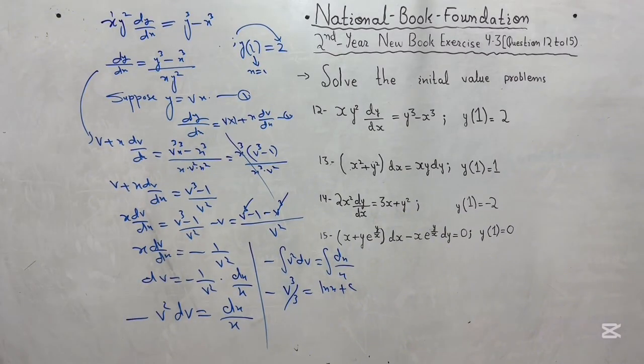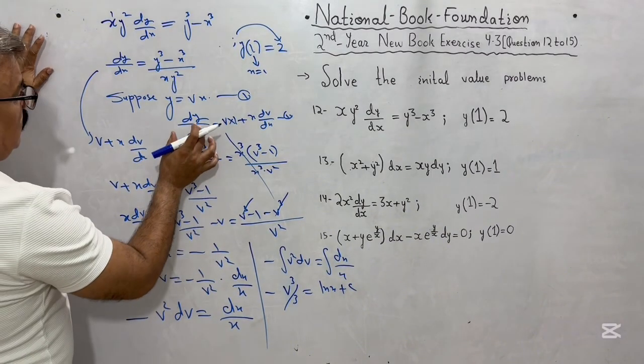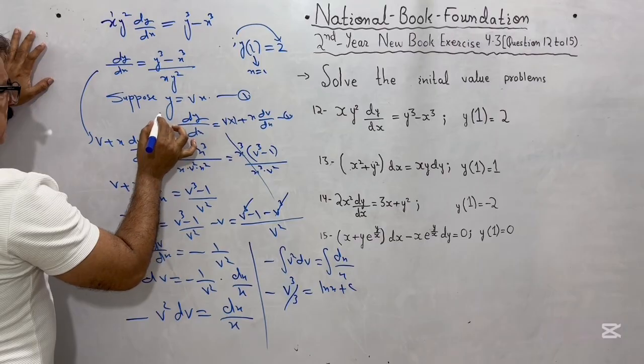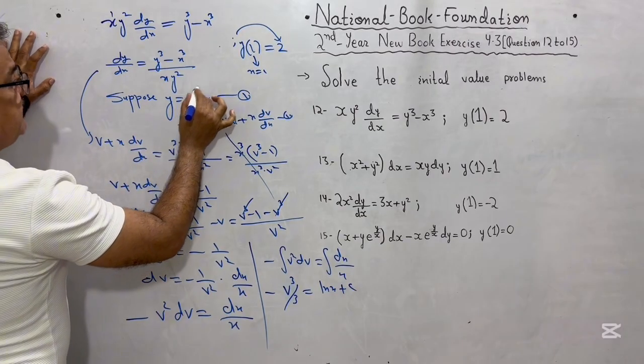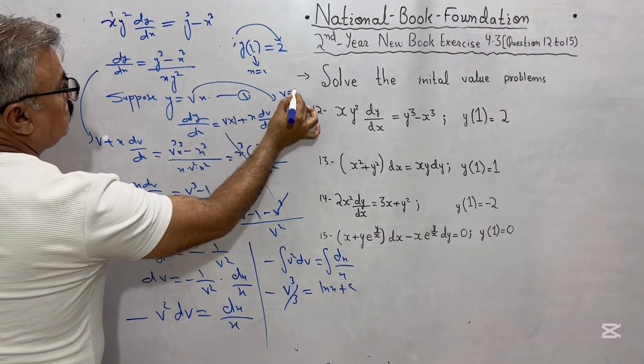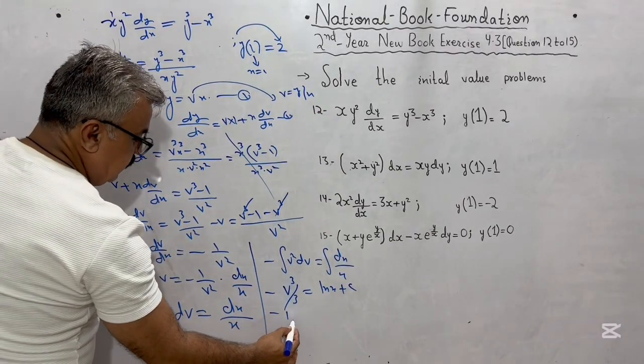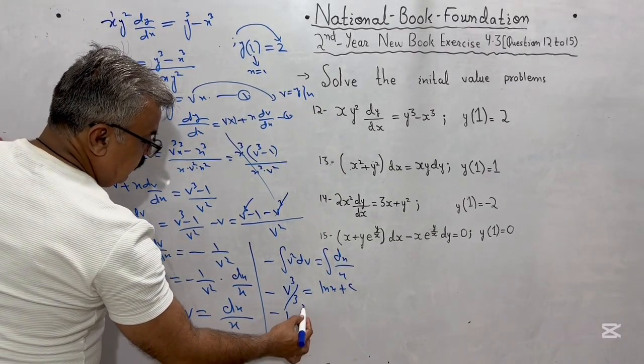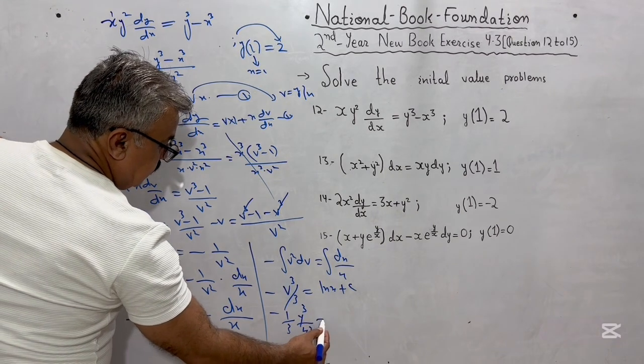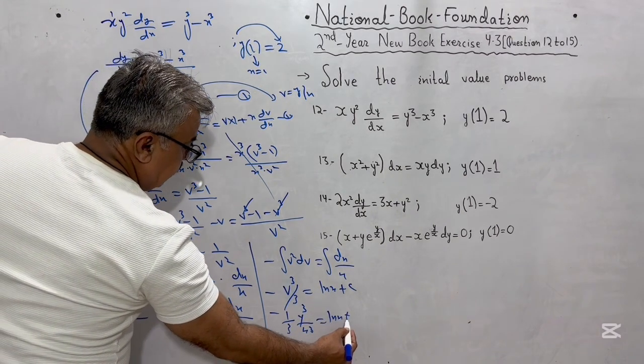What is the value of v? From this, re-put the value of v. It will be y over x. Utilize here minus 1 over 3. We have y cube over x cube equal to ln x plus c.